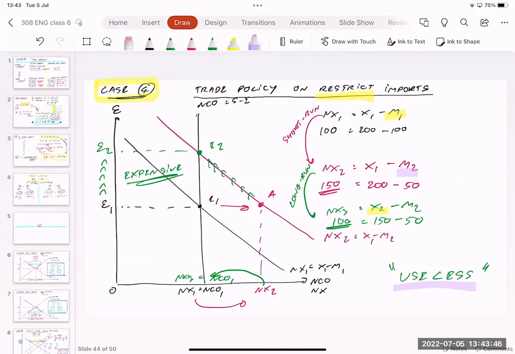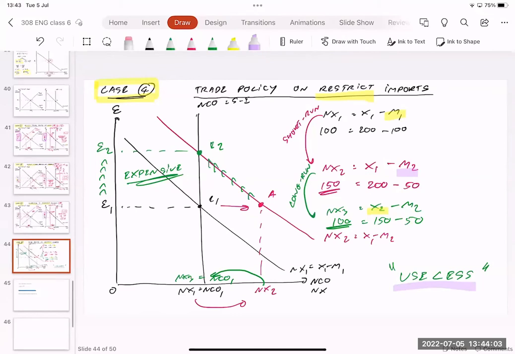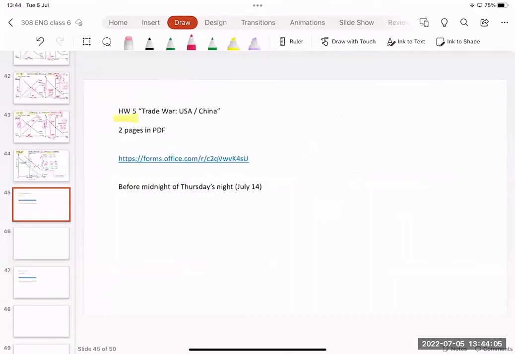So, next one. After we learn about trade policy and the graph, I'm going to give you homework 5. Just Google the trade war between China and USA.